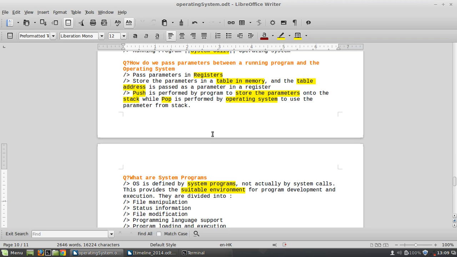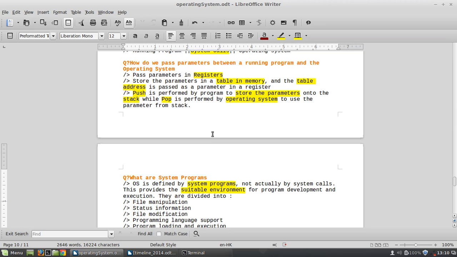The action that is performed is push and pop, like a stack. We use the stack memory, and push is performed by the program to store the parameters. So any program just pushes the parameters onto the stack, whereas pop is performed by the operating system to use the parameters that were passed by the user program.